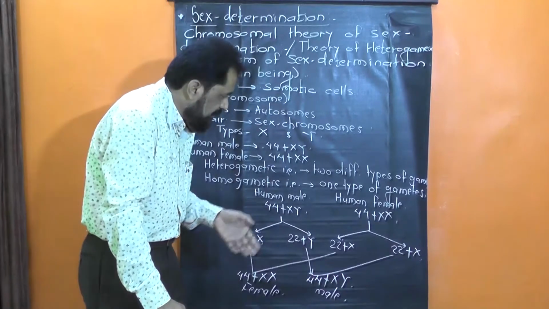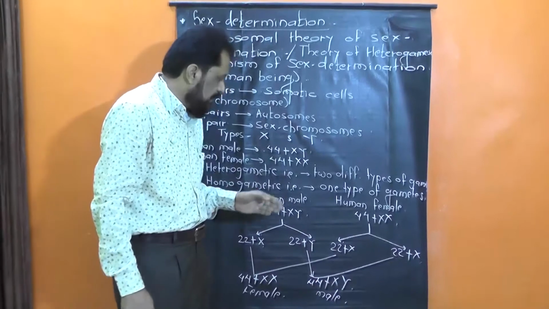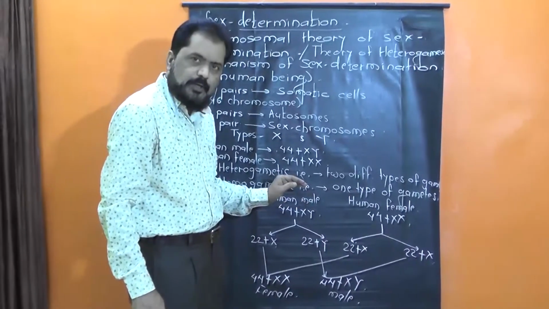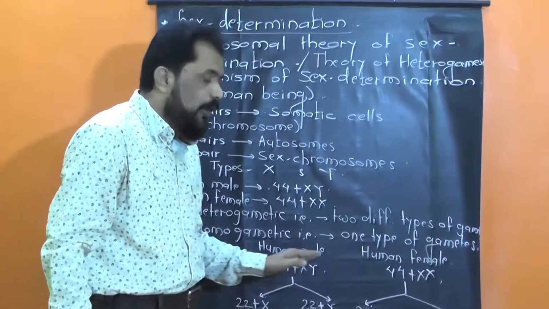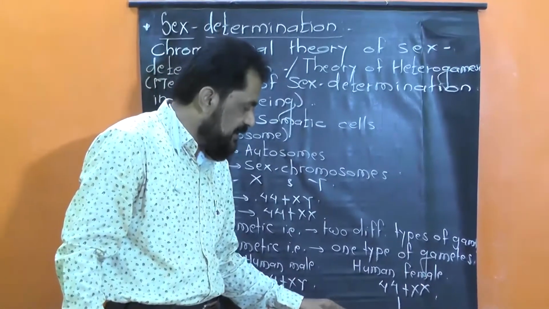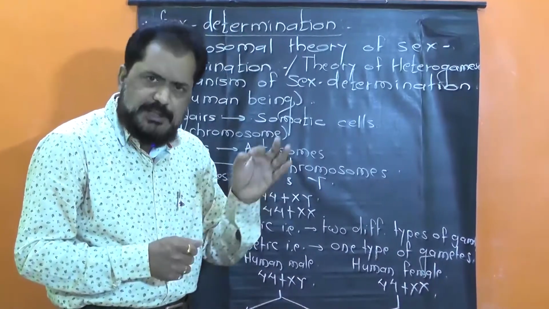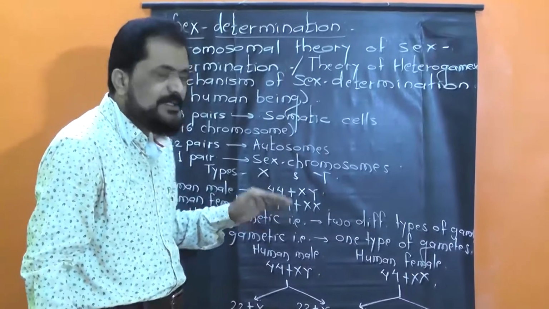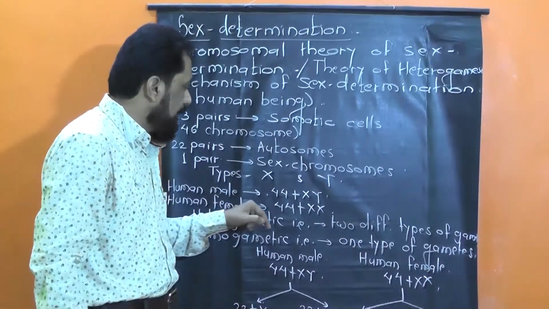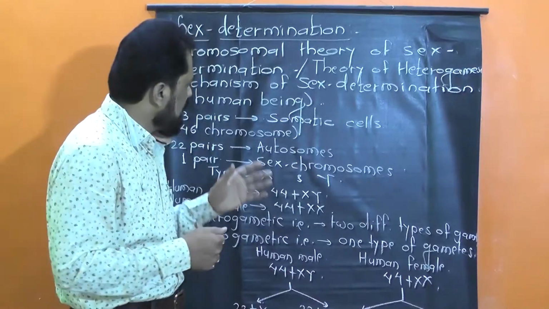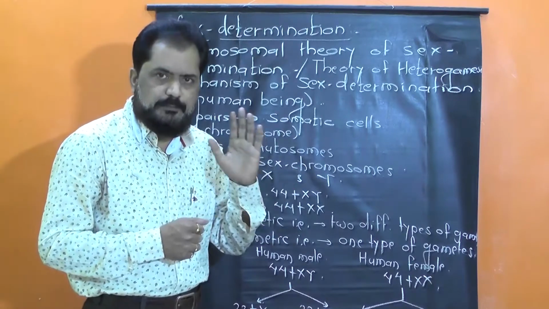It means that in human beings, sex determination depends upon the male, or upon the type of sperm which fertilizes the ovum, the female gamete. So it is clear that sex determination depends upon the heterogametic parent. That's all about the mechanism of sex determination in human beings.